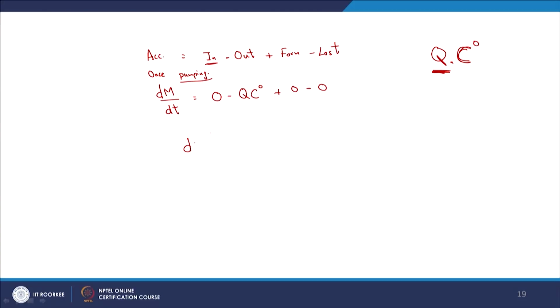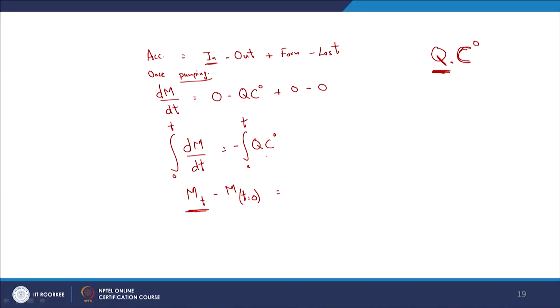So let us see what it is. Integrating this, I have the integral of dm by dt, and the negative integral of Q C naught. What will I have? The mass at time t minus the mass at time 0, integrated from 0 to t on both sides. The mass at time t is the mass of the contaminant left after I pumped the water out for a certain time t, and the mass at time equal to 0 is the mass initially present in that contaminant zone.